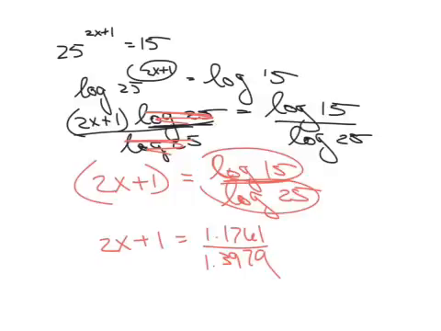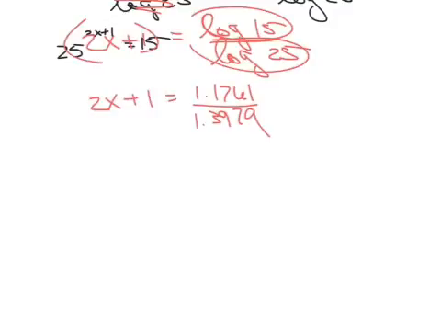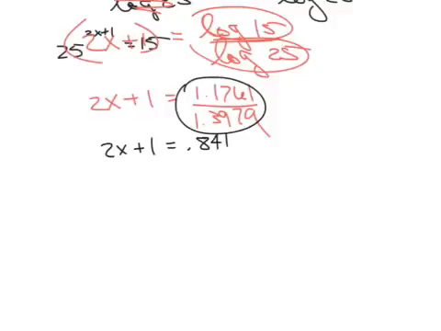And the log of 25 is 1.3979. Okay. Let's move all this up a little bit. Alright, so I divide that out, and when I divide that out, I get 0.84. I'm just going to round it to 4 decimals.